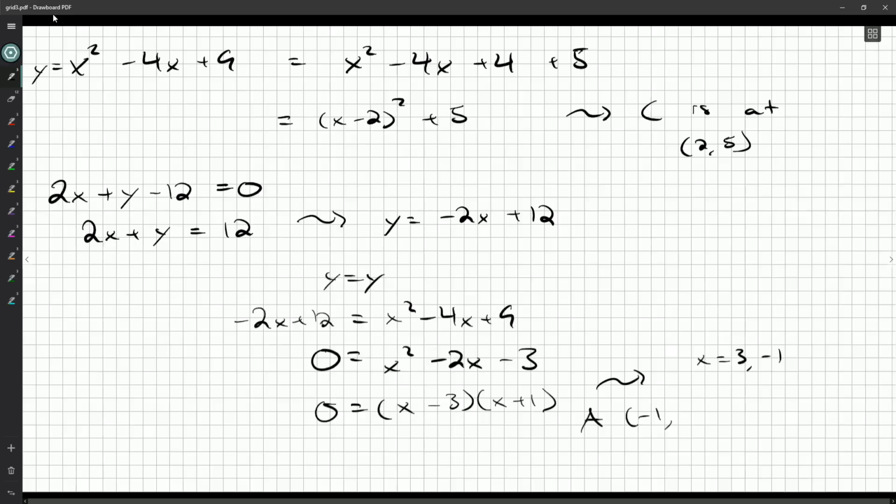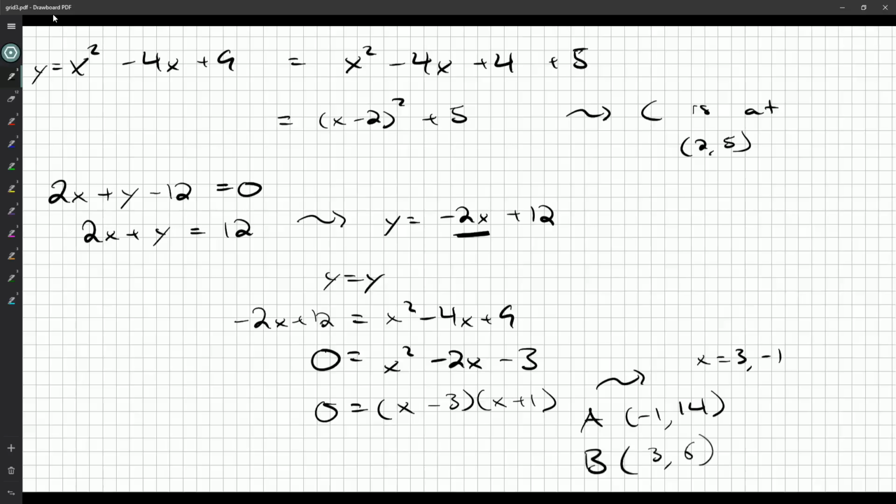And then if you plug it back in, minus 1 times minus 2 is 2, plus 12 is 14. And it's not C, it's B, right? C was the vertex. Alright, and then B is going to be at x equals 3. Negative 2 times 3 is negative 6, plus 12 is 6. Okay.